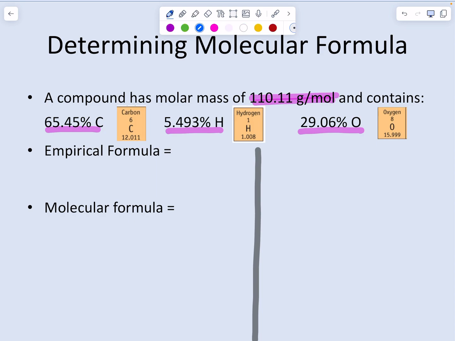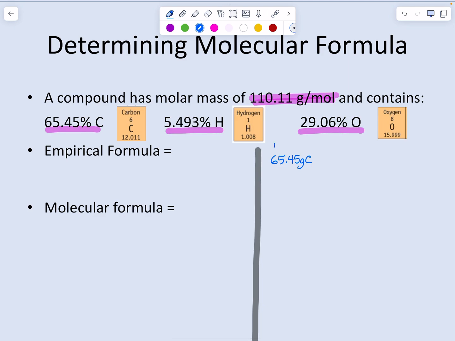So what I'm going to do is just divide the screen up a little bit. All right, so we've got 65.45% carbon. So how many grams of carbon am I going to say that I have if I have 100 grams in my sample? Yep. So I have 65.45 grams of carbon. And I want to know how many moles that is, right?